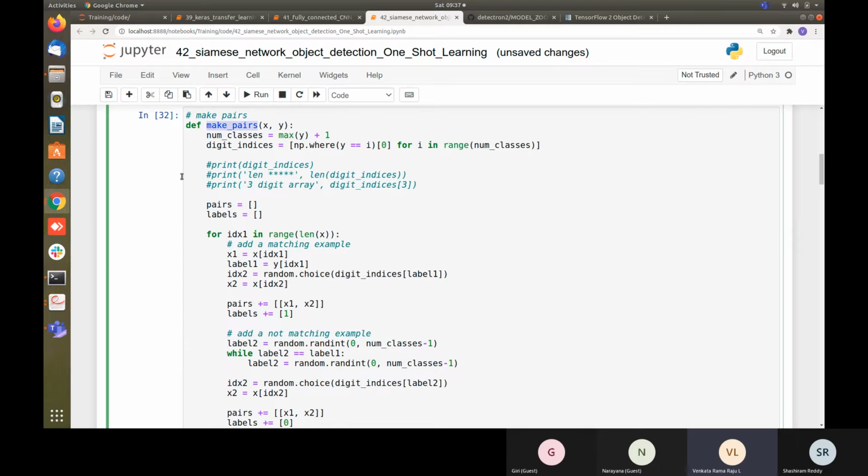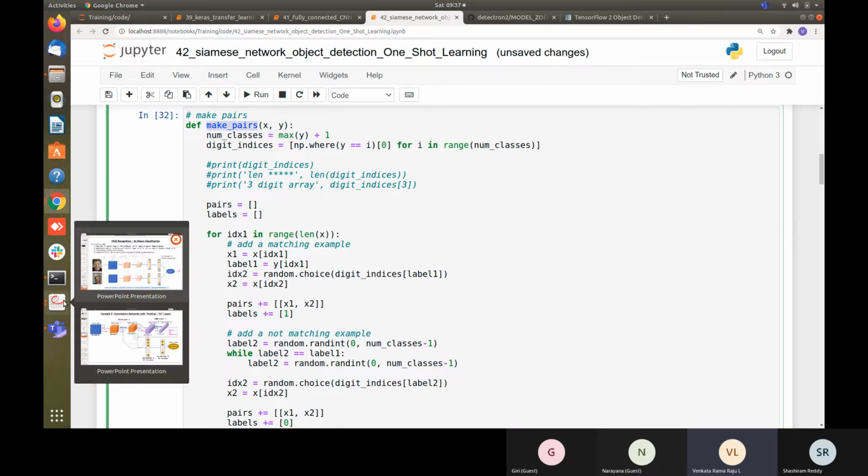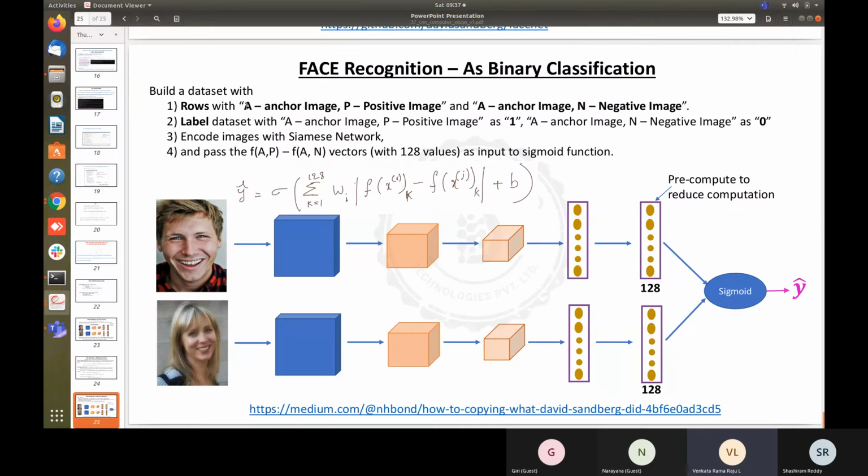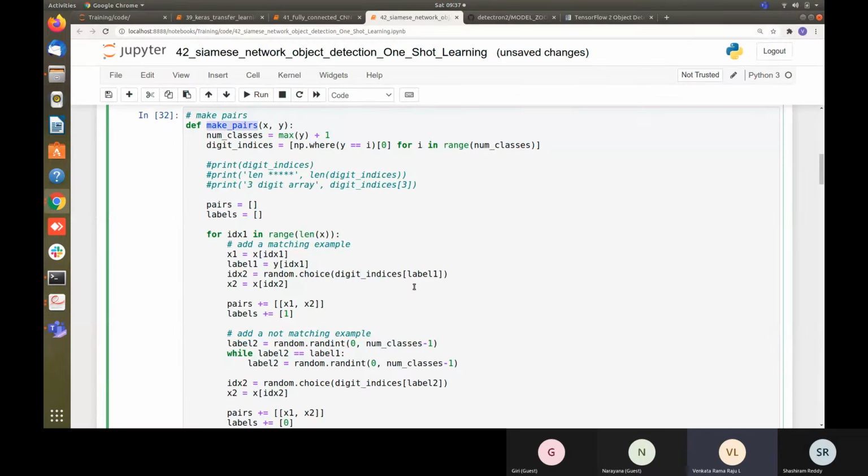So here, make pairs. I am trying to create these positive and negative samples. How do I do that? I have written some code here. In make pairs, for each class, np.where y is equal to i.